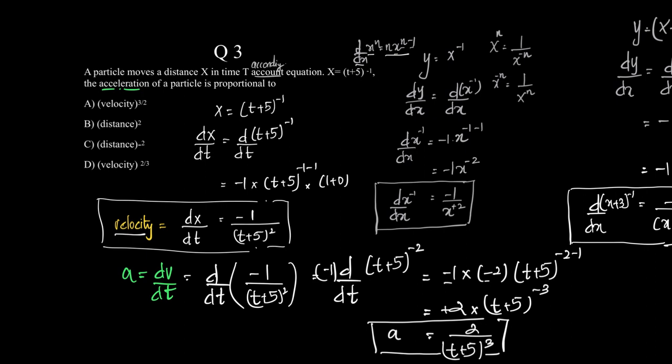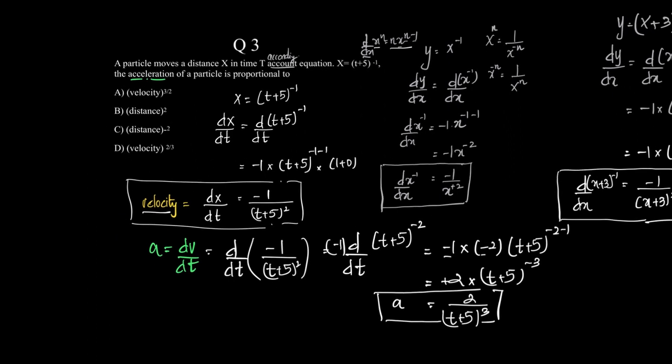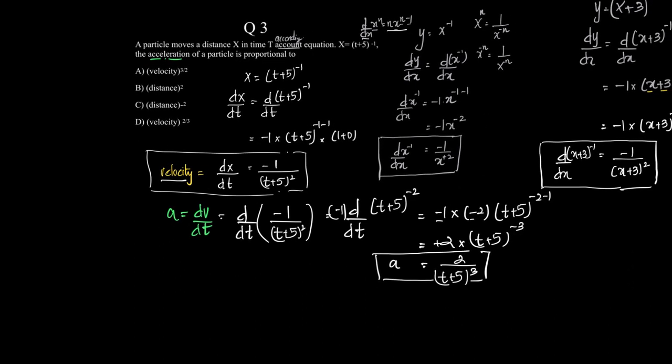Now let us try to find out the relationship between these values. Acceleration is 2 into (t plus 5) the whole raised to minus 3. I'll make a small algebraic manipulation here.